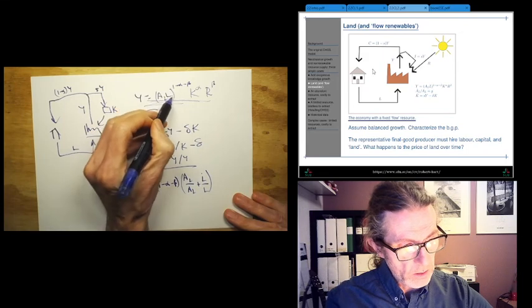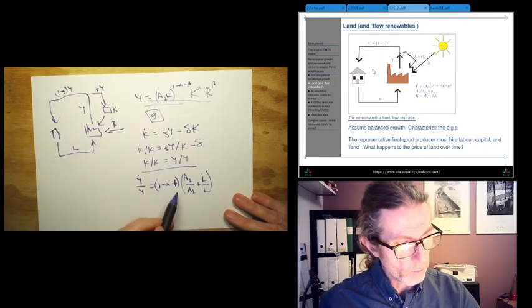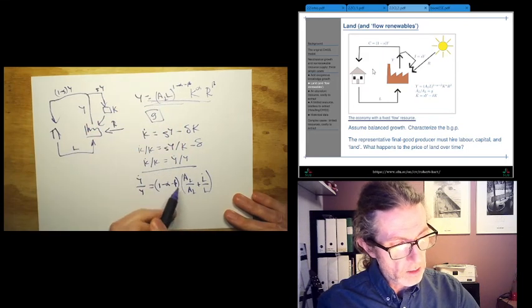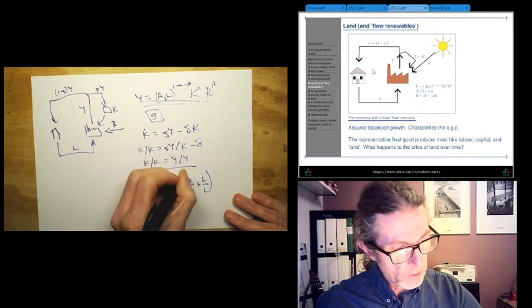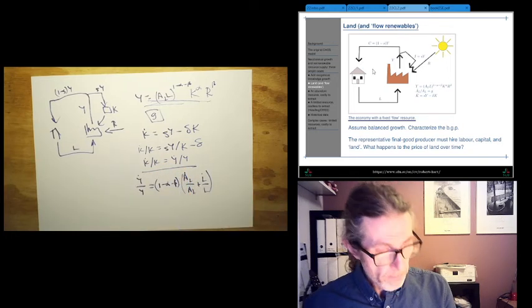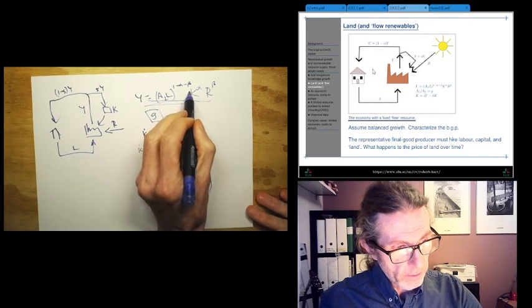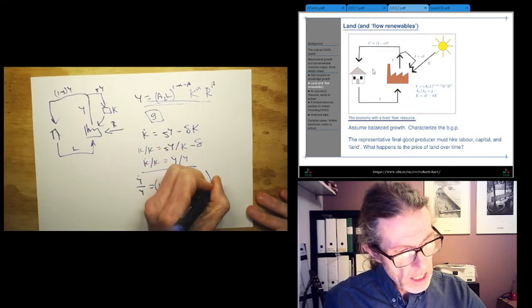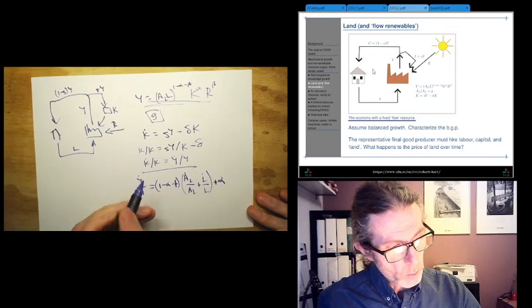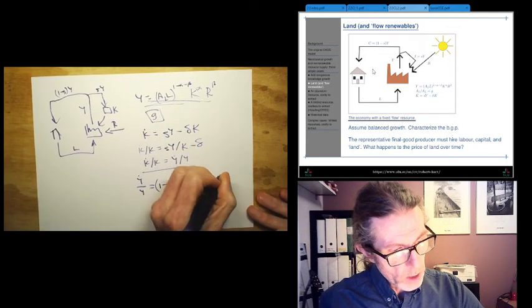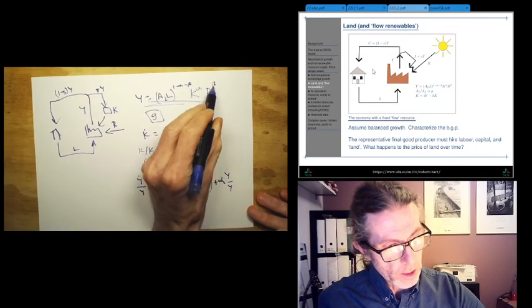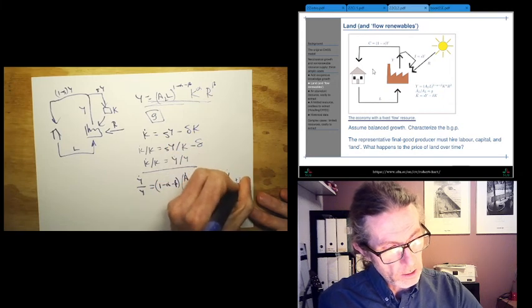AL to this, L to this. And then we have 1 minus alpha minus beta times this, 1 minus alpha minus beta times this. Okay? And then plus alpha times K dot over K, which is the same as Y dot over Y, plus beta R dot over R.